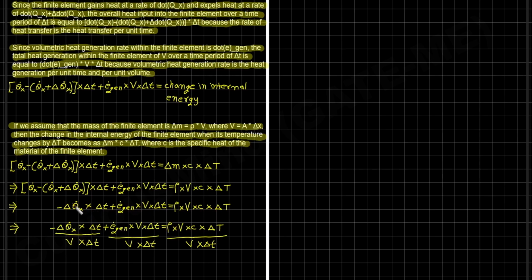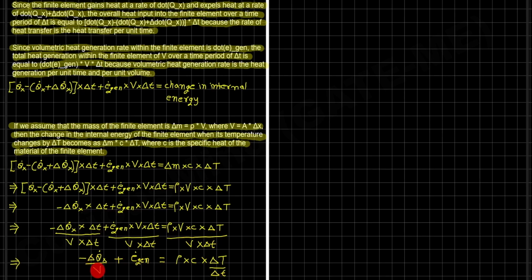So after dividing this expression by b delta t, we have this expression. Now we will simplify this expression and will write the next step. Alright, so after simplifying this expression, we get this expression.